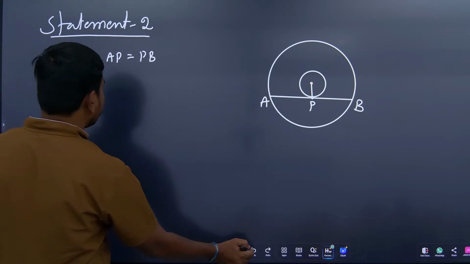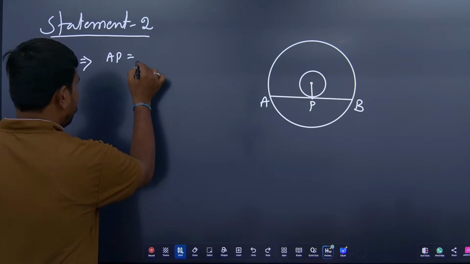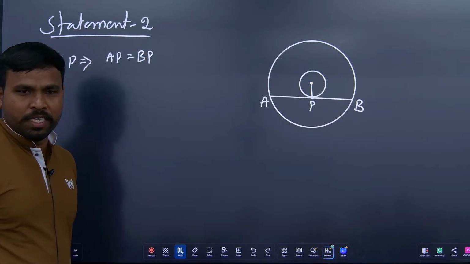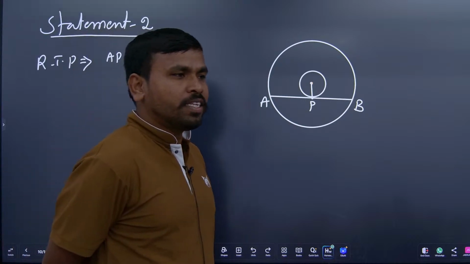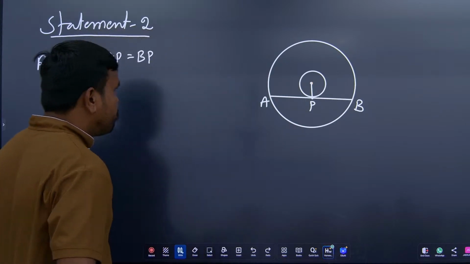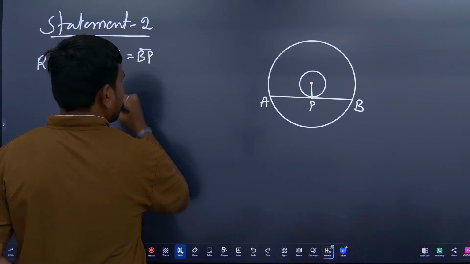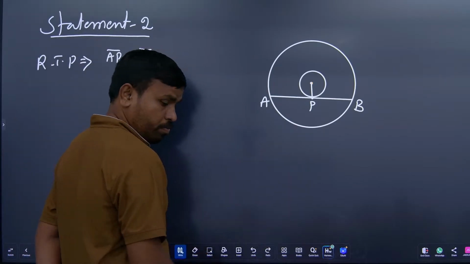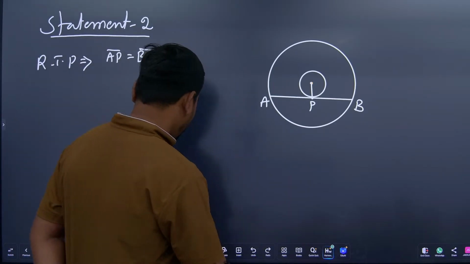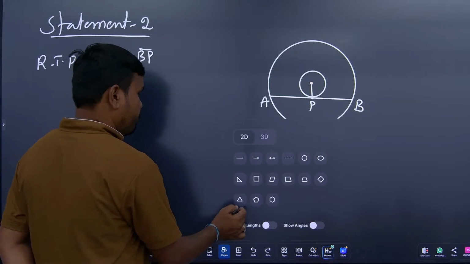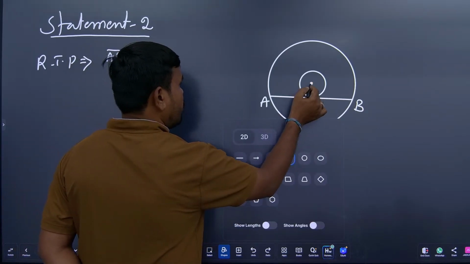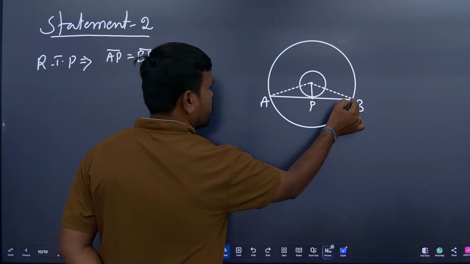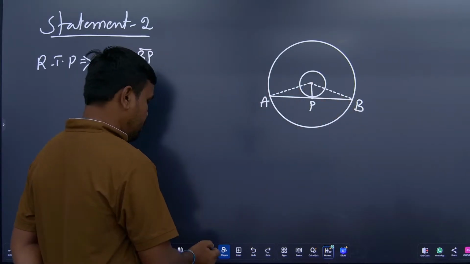Otherwise, we will write like this: AP is equal to BP. How do you prove it? Join OA and OB.